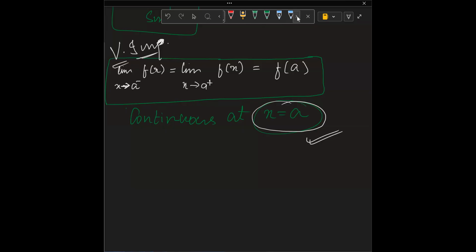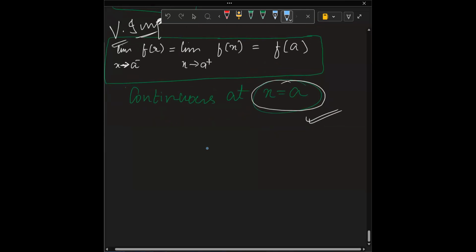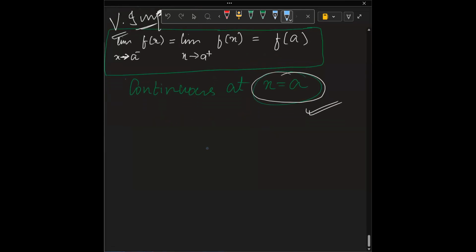I will explain this question to you, then after explaining this, I will give you a question similar to the modulus question. So the question says that your function f(x) is modulus of x, and you have to check at x equals 0.